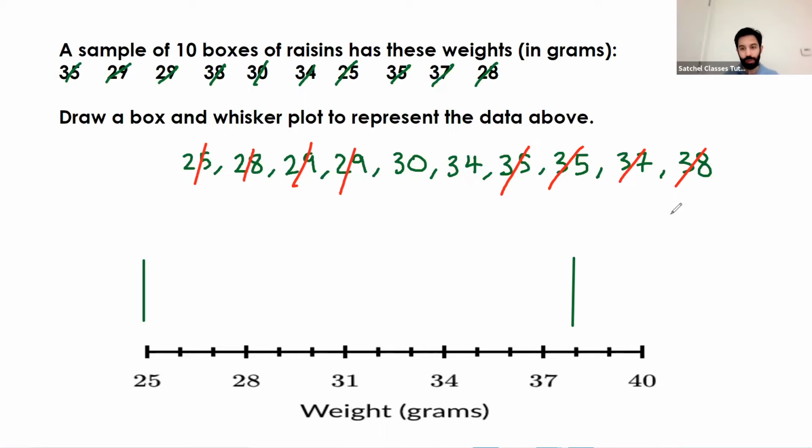You could do 2 methods. You could either do 30 plus 34 divided by 2, which will give us 64 divided by 2, which will give us 32. Or you can just count and see that there's 2 numbers from 32 to 30, and there are 2 numbers from 32 to 34. So 32 is our median. It's the middle value of our data set.